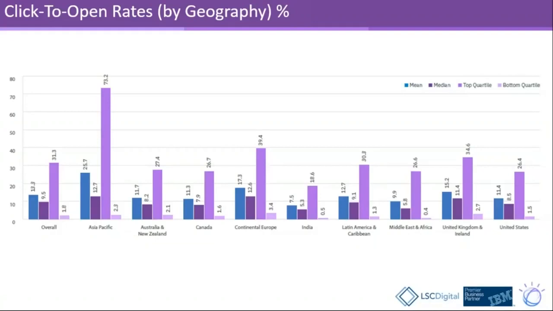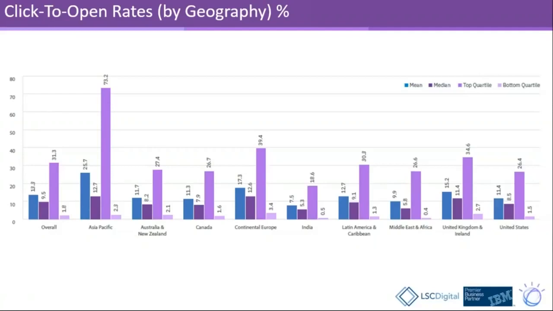Because there were fewer opens, and if they had an average number of clicks, that click-to-open rate can, in essence, be artificially high. So it's really important to understand and level set with that.